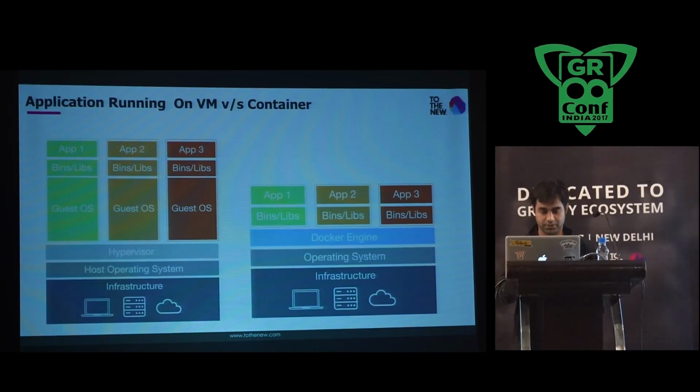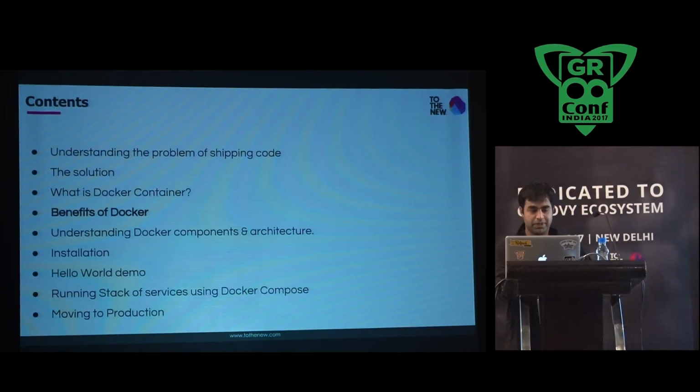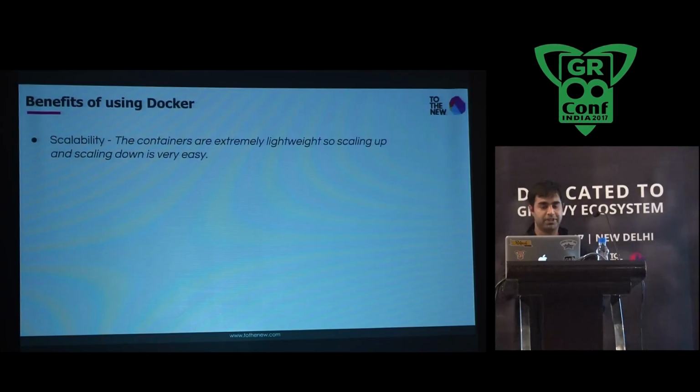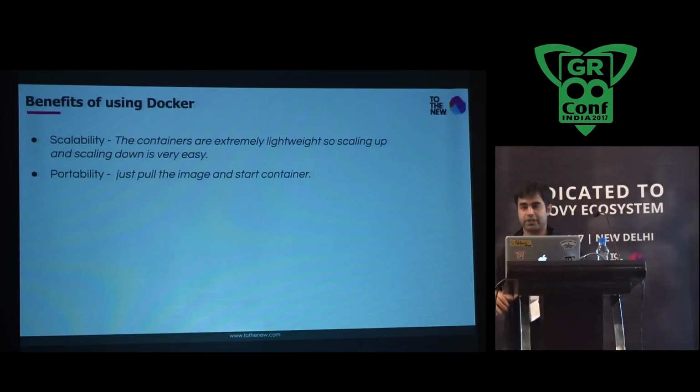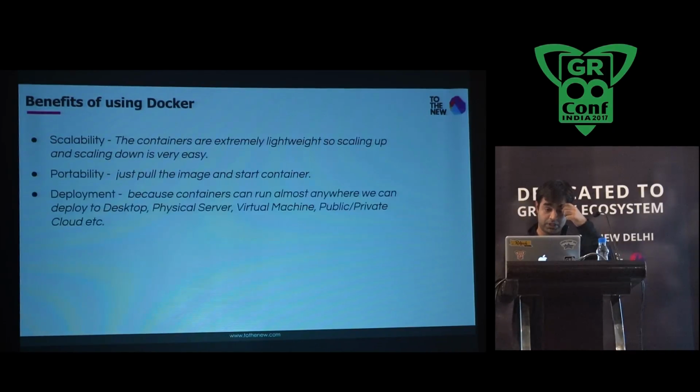So this is it. Some of the benefits of Docker: scalability. The containers are extremely lightweight. As I explained, there is no guest operating system, so you could quickly scale up and down based on your needs. And portability, just pull the latest image and start the container, that's it. Images are very small, so very handy to port from one machine to another.